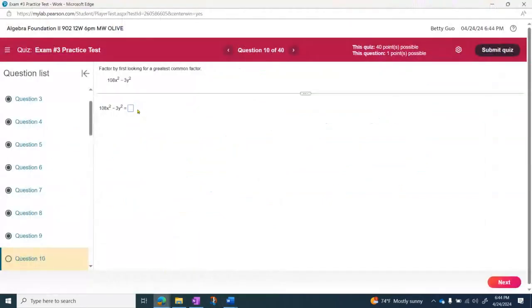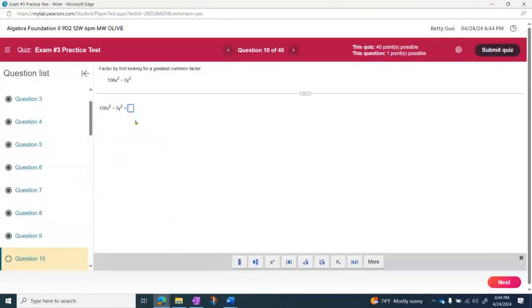Let me enter the answer. Factor 3 out, and we have parentheses times parentheses. Inside the first parentheses, we have 6x plus y, and this is 6x minus y.